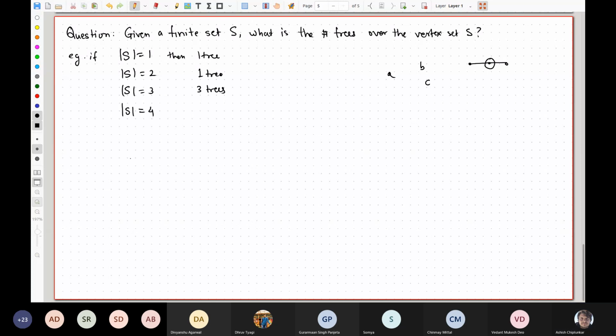Sorry? 16. 6 trees. Why do you say 6? 16. Acha, 16. How did you get that? There will be those in which there is a vertex having degree 3.